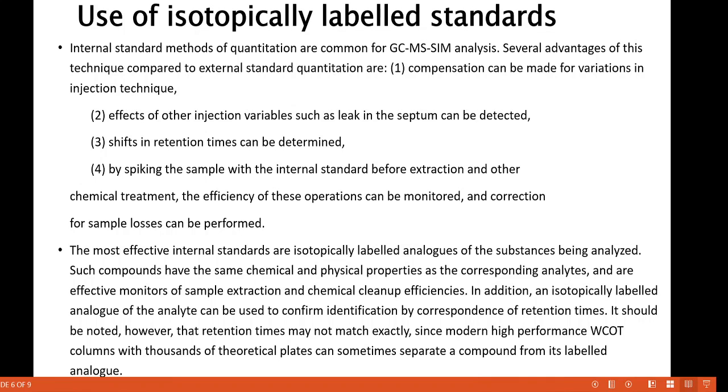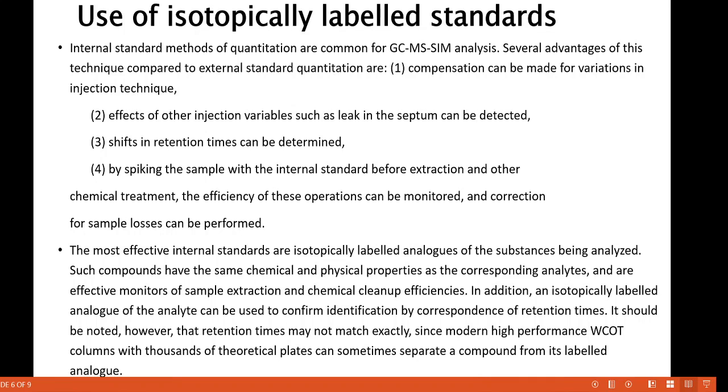The most effective internal standards are isotopically labeled analogues of the substances being analyzed. Such compounds have the same chemical and physical properties as the corresponding analytes and are effective monitors of sample extraction and chemical cleanup efficiencies.